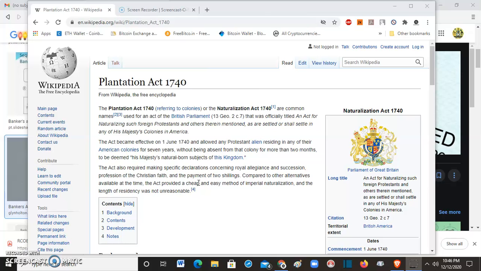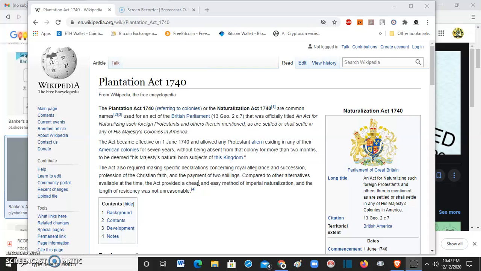The act also required making specific declarations. Hold on. Up here, the act became effective the 1st of June, and it's still effective. So this is the root of what the Naturalization Act is. It's more of a religious thing when you check it out, because it's a Protestant alien.